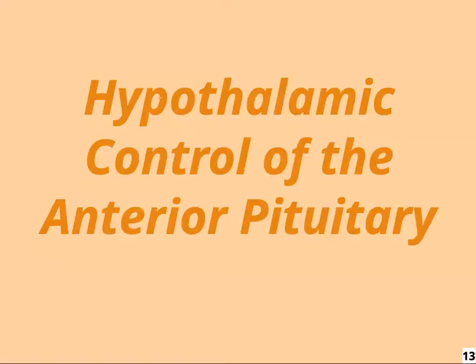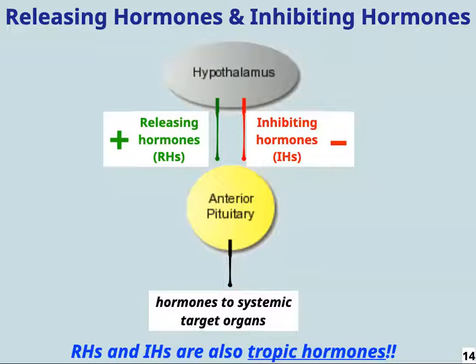Moving on to talking about hypothalamic control of the anterior pituitary. Our hypothalamus secretes releasing hormones as well as inhibiting hormones. These are classes of hormones that have either a positive effect or a negative effect on the anterior pituitary.